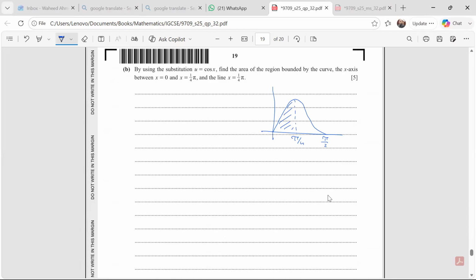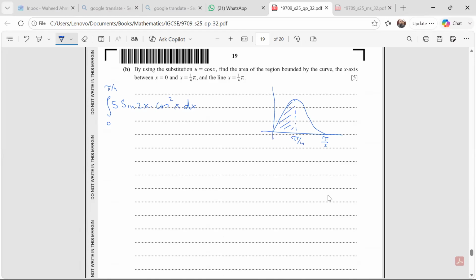So how can we do this one? I have to integrate this expression, 5 into sine 2x into cos square x dx, and I have to integrate from 0 to pi by 4. This is the integration I need to perform.